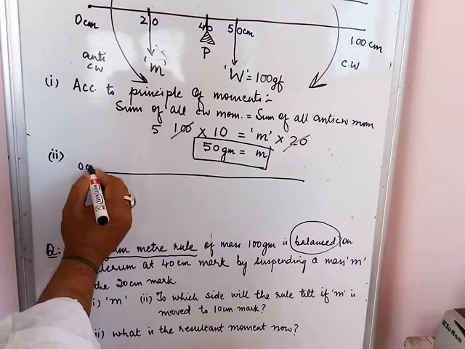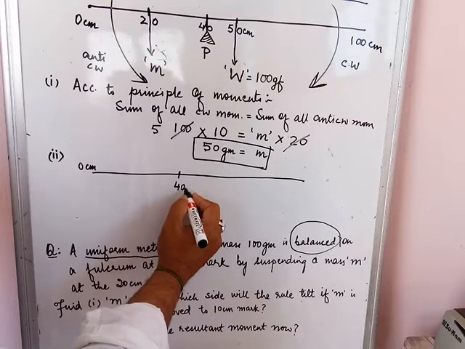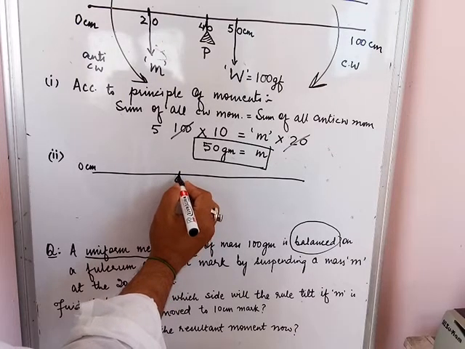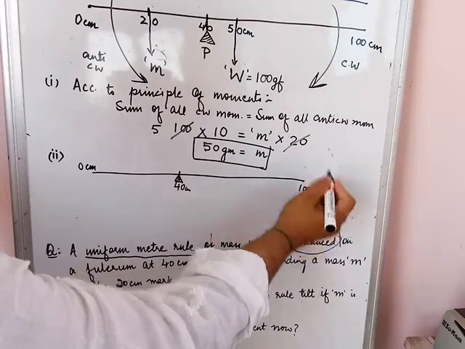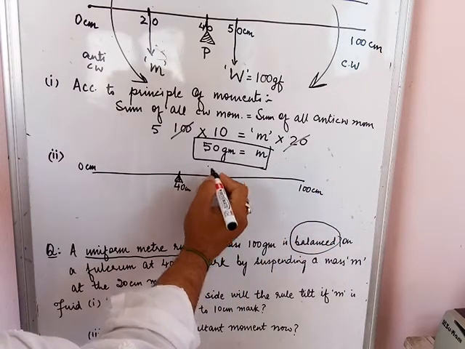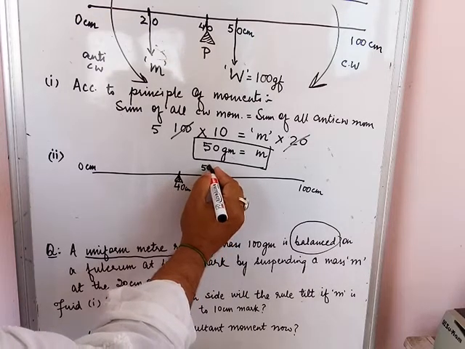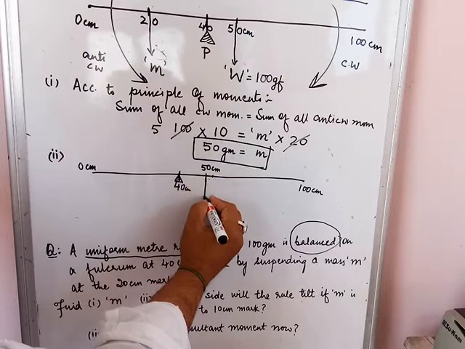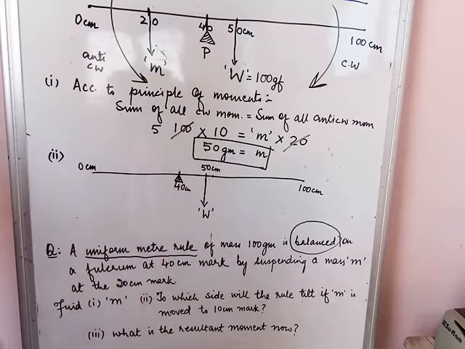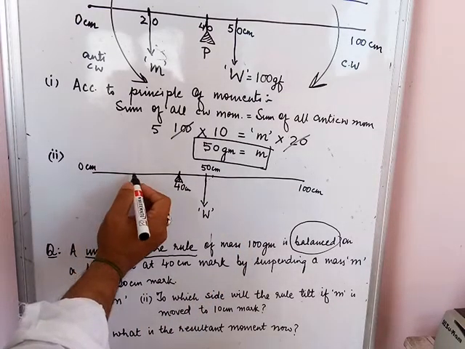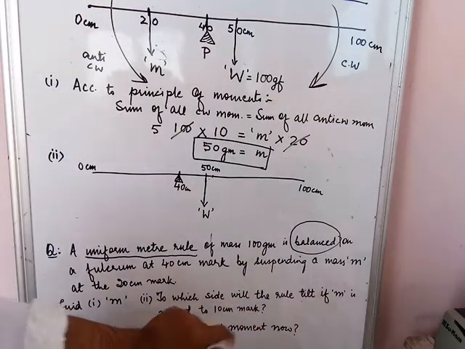Suppose this is your 0 centimeter mark and this is your 40 centimeter mark where we have the pivot. This is your 100 centimeters. At the 50 centimeter mark you have the weight acting, and this time the mass m is moved to the 10 centimeter mark.